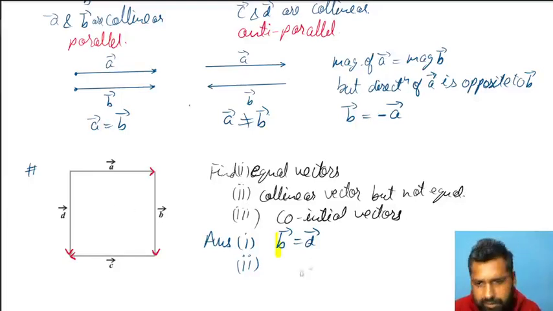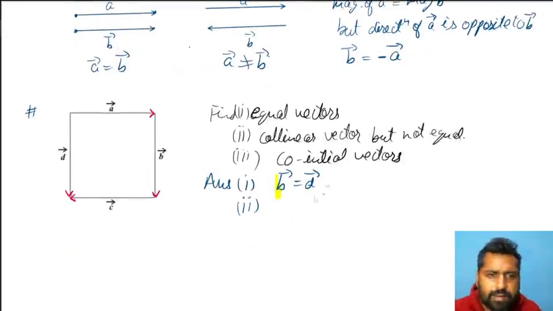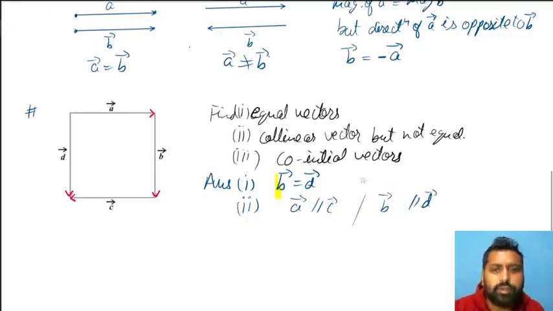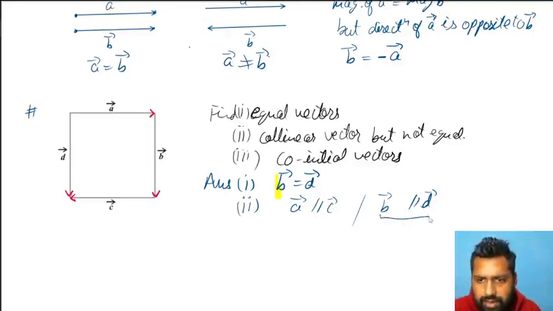Clearly, A vector and C vector are actually opposite direction, so anti-parallel. And your B vector and D vector are also parallel. This is not a notation, remember that. I'm just writing for you to understand this right now. Now we have already decided that B and D have same magnitude and same direction, so they are equal. So they don't satisfy this criteria. They are collinear but not equal, so they don't satisfy this criteria.